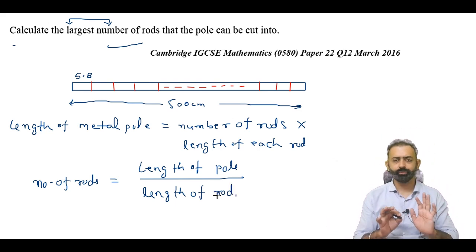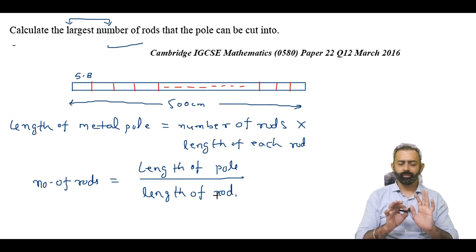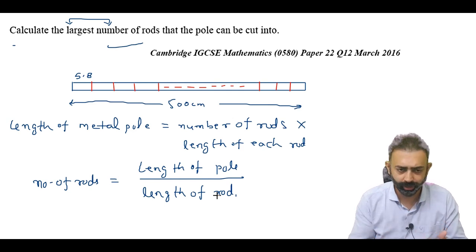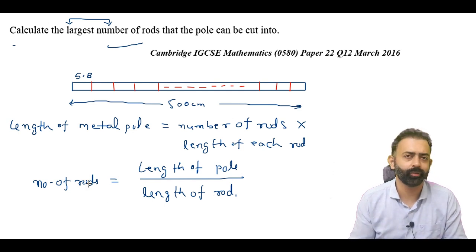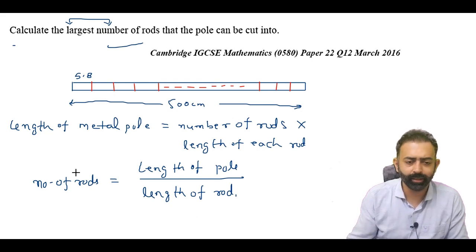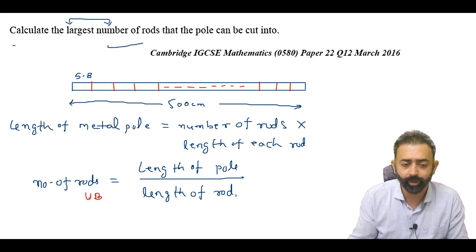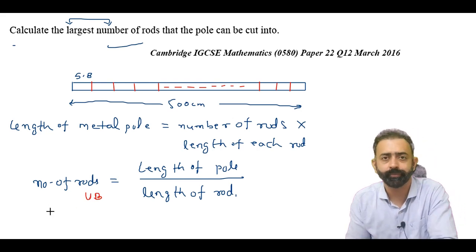This is the equation, right? Now we need to find the maximum value of the number of rods. So clearly it is indicating that we need to find the upper bound of the number of rods.